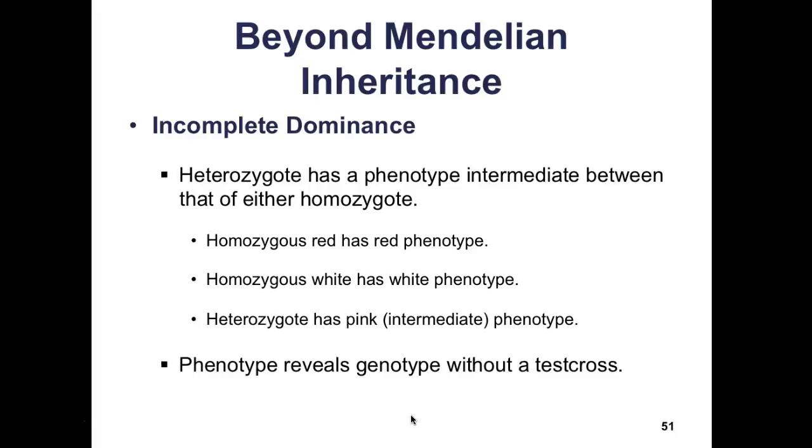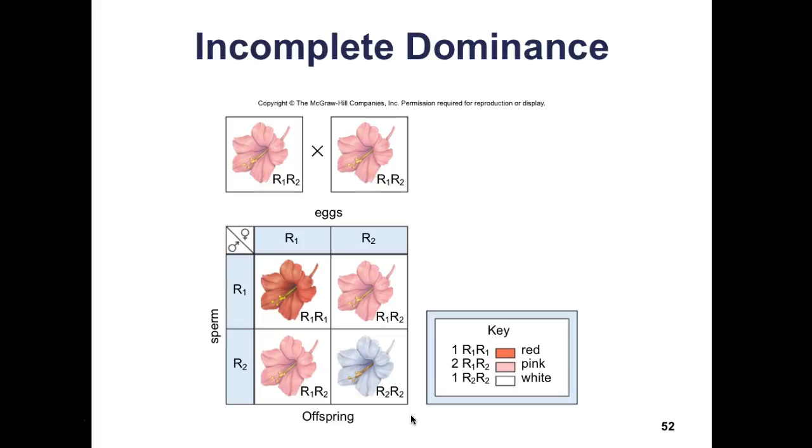The phenotype reveals a genotype without a test cross. And here you can see that. So we are looking at the colors there. So R1R1, R2R2. If you cross, you get R1R1, R1R2, R1R2, R2R2. And that will tell you the genotype and the phenotype there. So we'll do some practice of these as well.